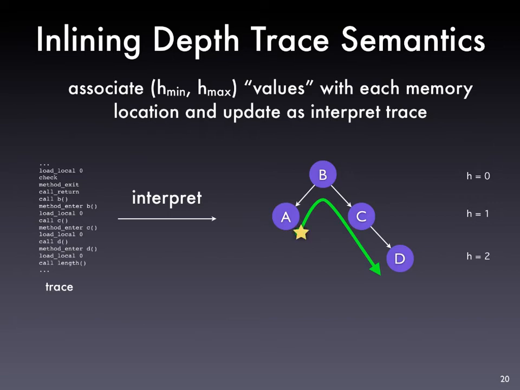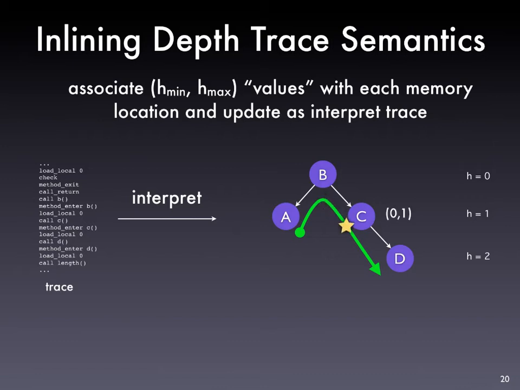So for our value that was checked in A, that check causes the measurement for A to be 1, 1. We say that the checked value has been exposed to a minimum stack height of 1 and a maximum stack height of 1. Then when it's returned, it's exposed to a height of 0. So its alternate value becomes 0, 1.